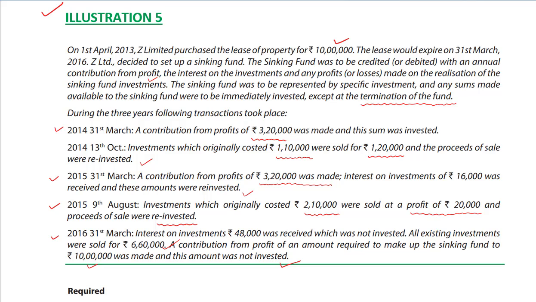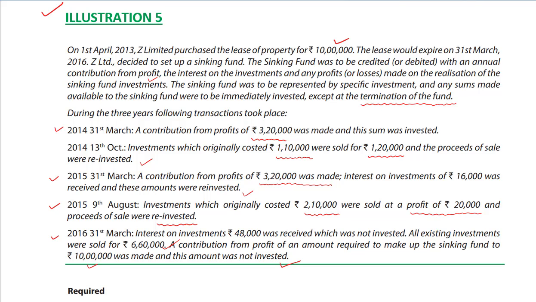On 1st April 2013, Z Limited purchased a lease property for 10 lakhs. The lease would expire on 31st March 2016. Z Limited decided to set up a sinking fund. The sinking fund was to be credited or debited with an annual contribution from profit, the interest on the investment, and any profits or losses made on the realization of the sinking fund investment account.